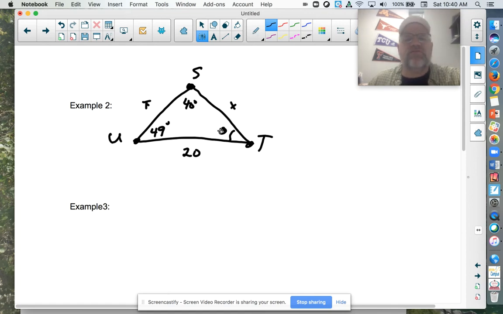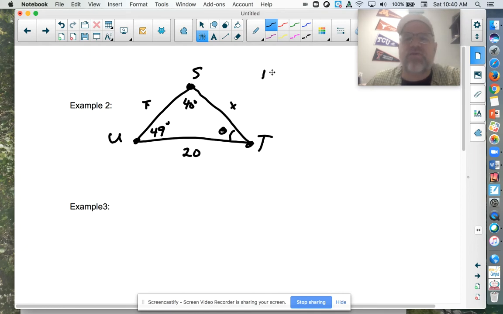Okay, so let's start with the third angle of a triangle. Now, I know I just talked about ratios and proportions, but stop and ask yourself, what do you know about the 3 angles of a triangle? What do they always add up to? Never change. It'll always be true. Yeah, 180. They add up to 180.